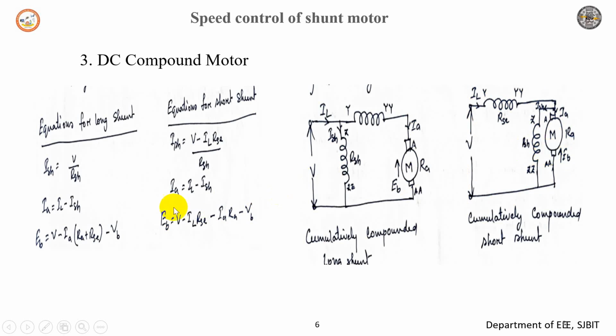Therefore, the equations for short shunt and long shunt differ. For short shunt, we don't include RSC with RA, but for long shunt, since the shunt is in parallel with RSC and RA, the equation differs.